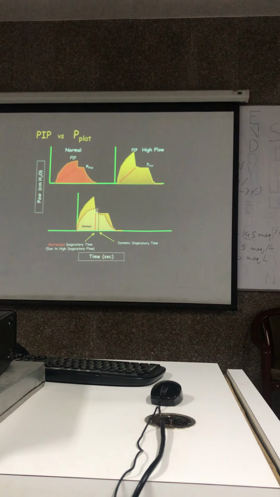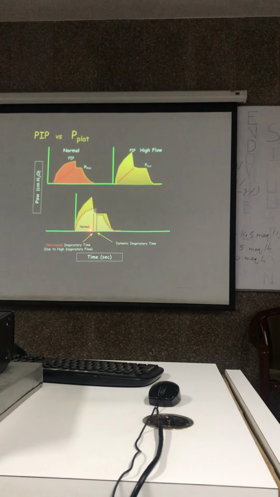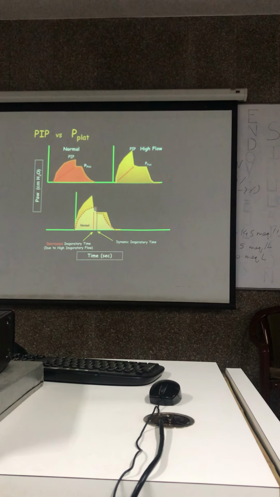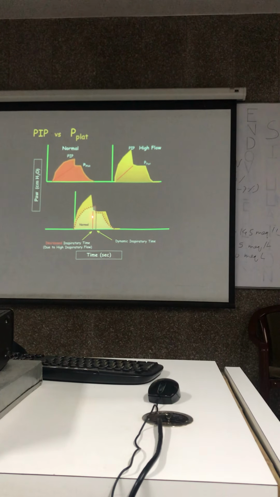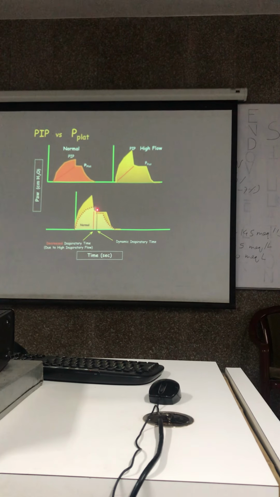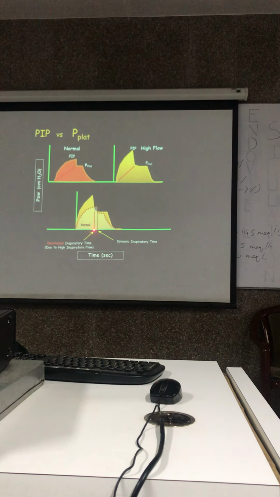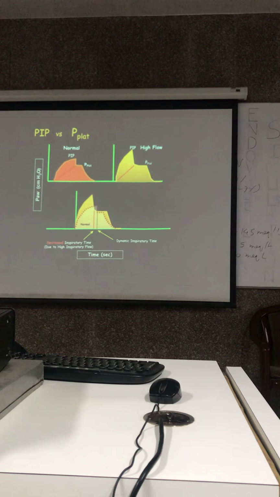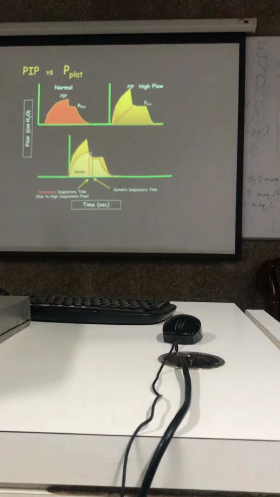If you overlap both the scalars and coincide them, the time between the plateau pressure of the high flow pattern and the plateau pressure of a normal pattern is called the dynamic inspiratory time.